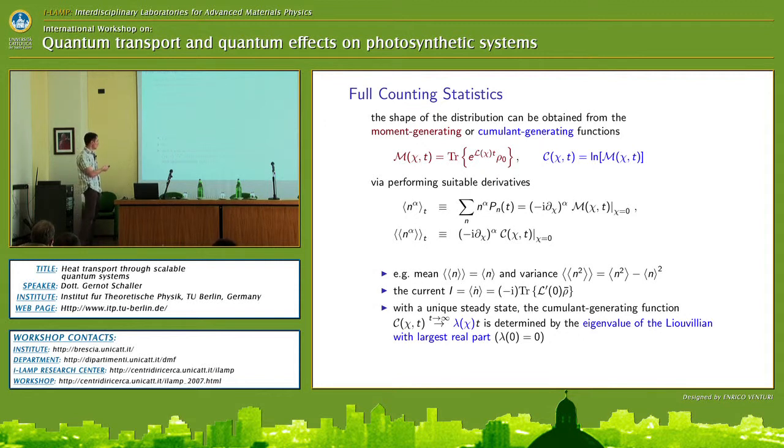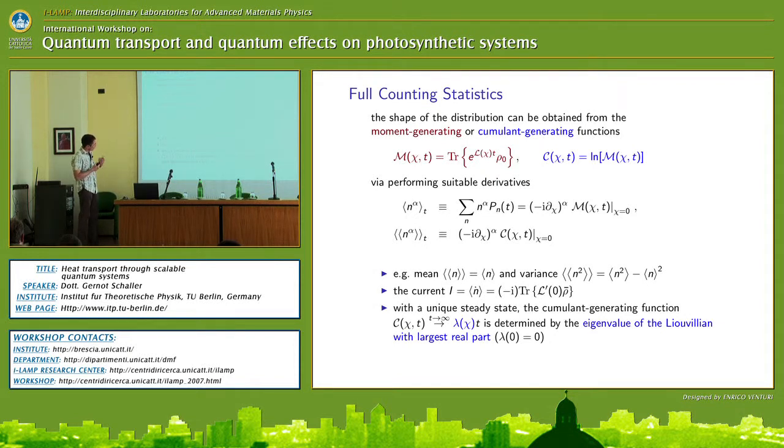That could be learned from this variance measure here. And in particular, you get an extremely simple formula for the current. What you have to do there is simply to solve for the stationary state of the master equation at vanishing counting field and evaluate that expression. So the only challenge is then to find the stationary state of your master equation.